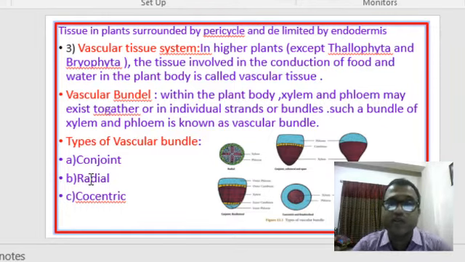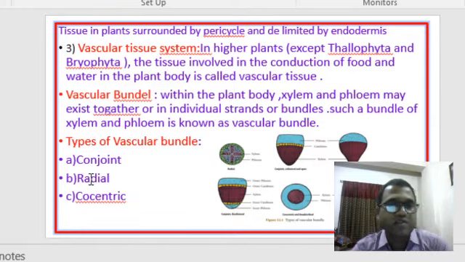In monocot root, the number of xylem and phloem bundles is more than 6, but in dicot root these numbers are 2 to 5.